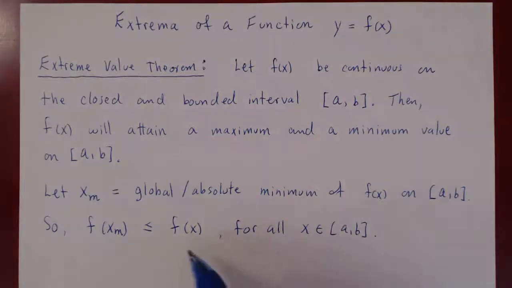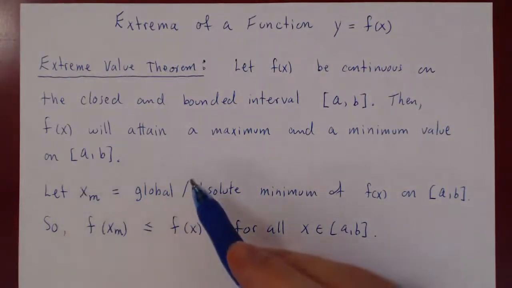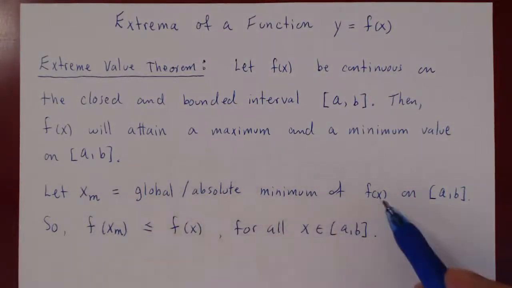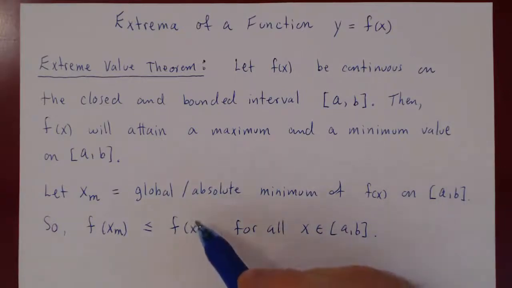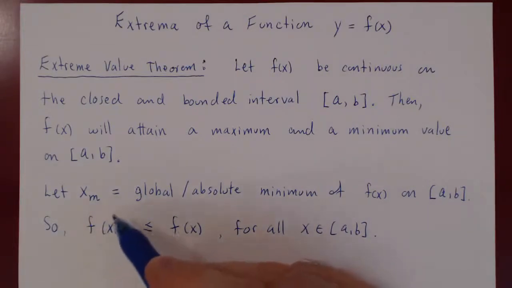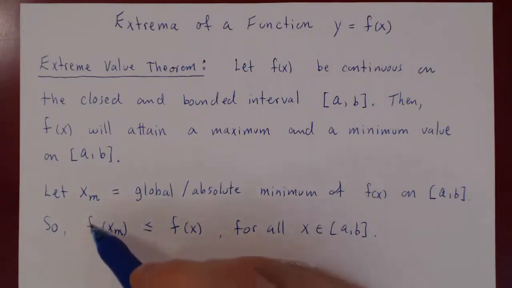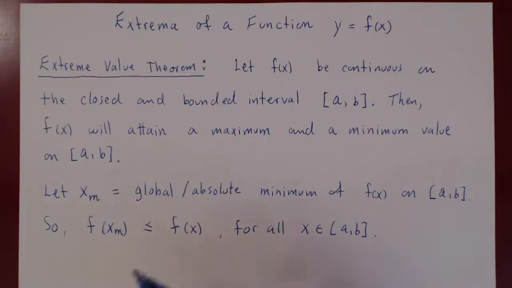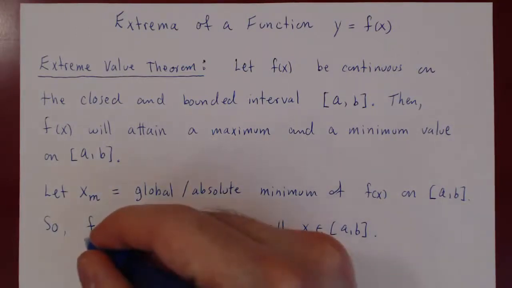So you see, simply put, xm is a global, or you can say absolute minimum of the function on a b if the value of the function at any point x inside the interval is at least as big as the value of f at this point. And we say that f of xm is the minimum value of f of x.